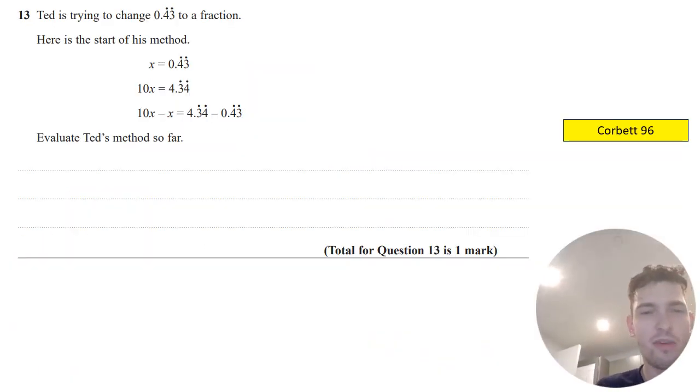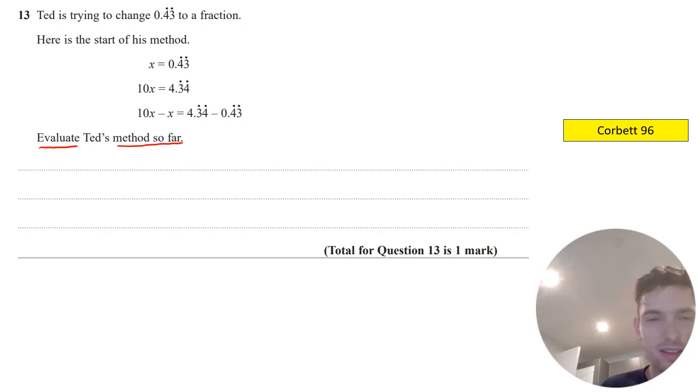Ted is trying to change 0.43 recurring to a fraction. Here's the start of this method. It's a 1 mark question. It says, evaluate Ted's method so far. Usually when it says this, there's something wrong with the method, and we need to say what's gone wrong and what we would do to fix it.